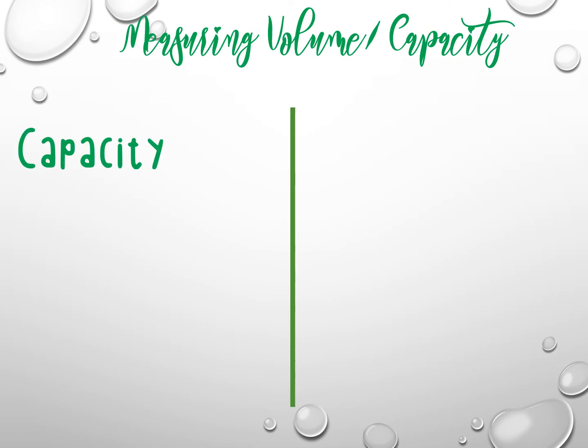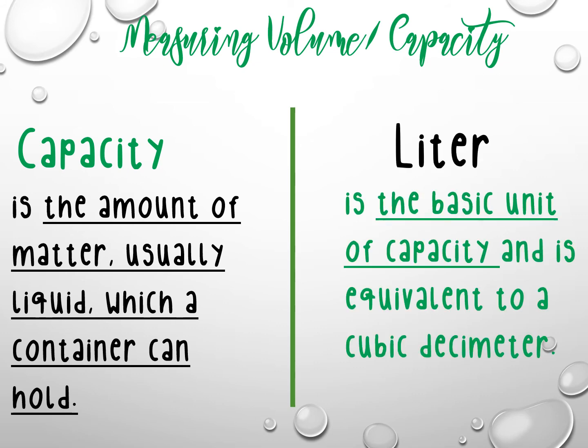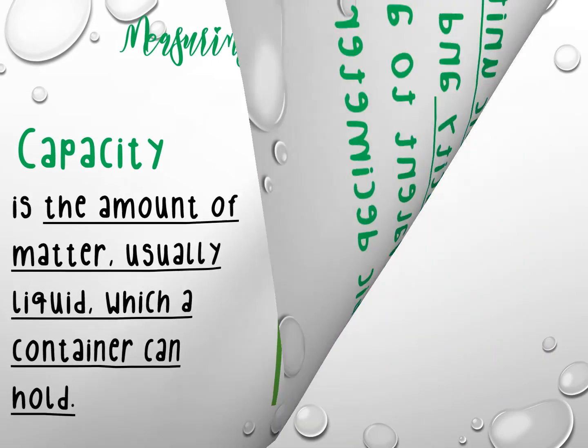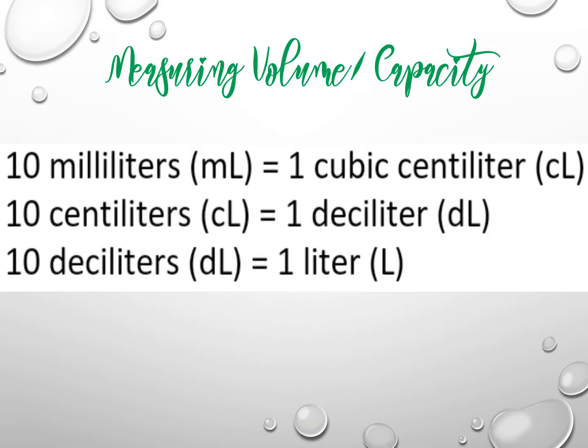Next one, let us talk about the capacity. Capacity is the amount of matter, usually liquid, which a container can hold. And on the other hand, liter is the basic unit of capacity and is equivalent to a cubic decimeter. So, ito yung mga ibang units of capacity.